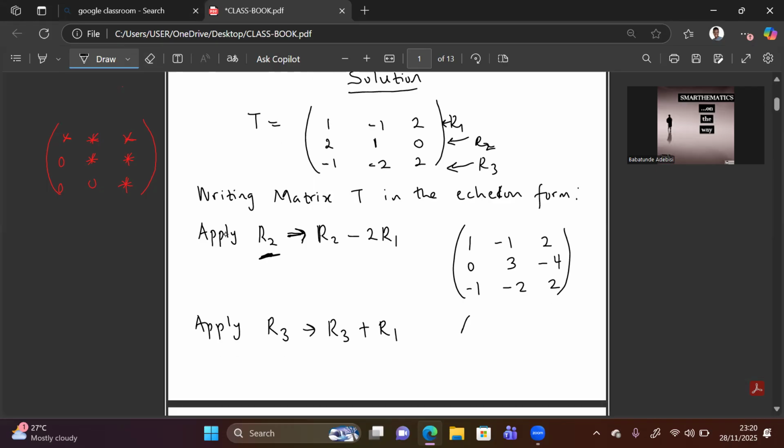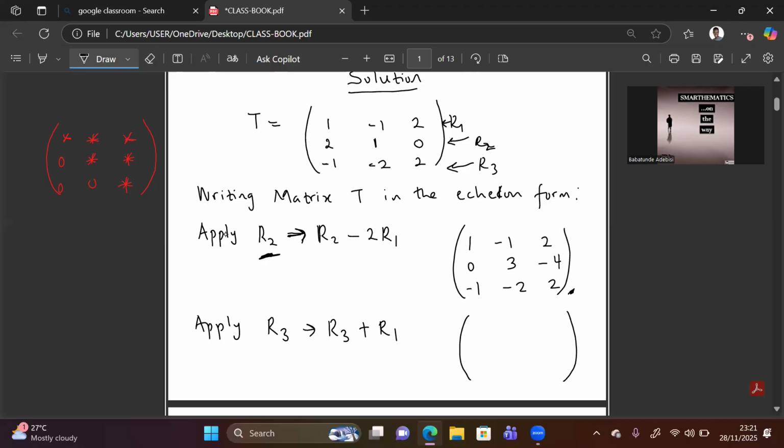So what this means is that it is my R3 I'm changing. I'm not changing the R1 and R2. Please, it is always the recent answer you'll be following. The new matrix I'm looking at now will not be the old one, the first one, but the one I just got from my recent application.